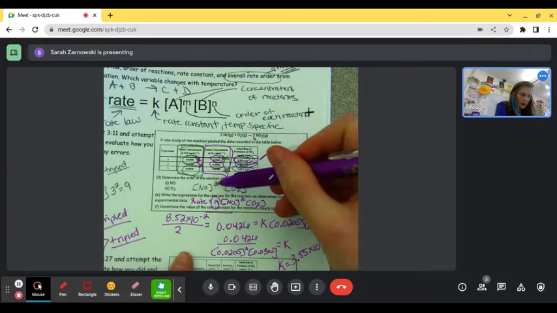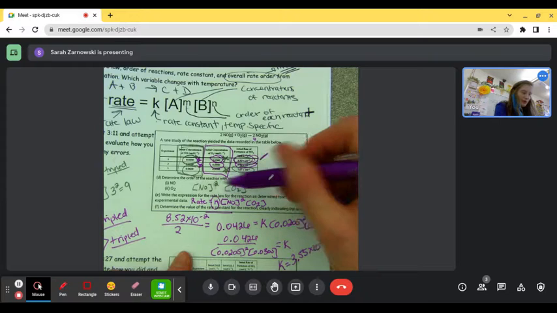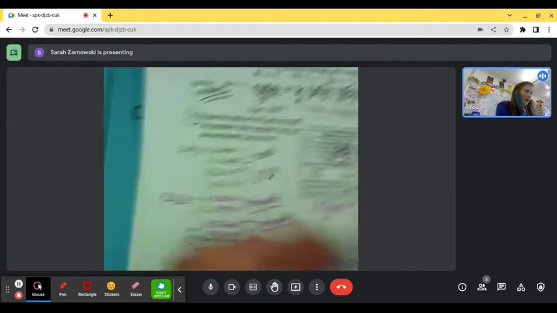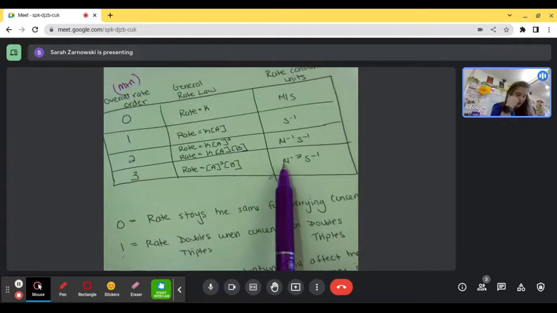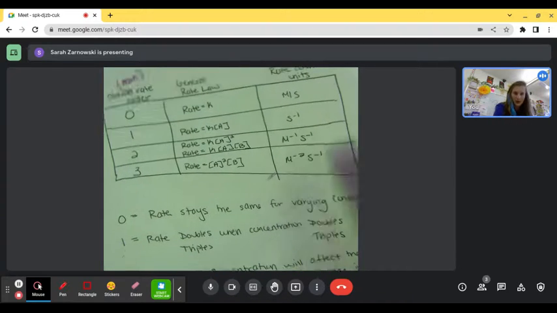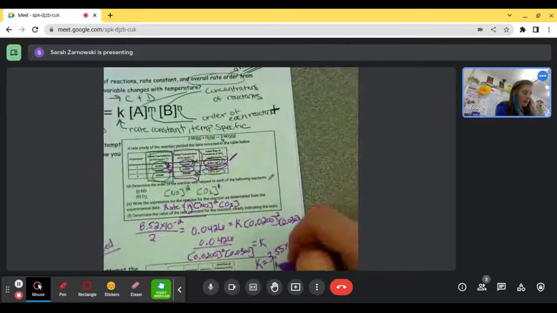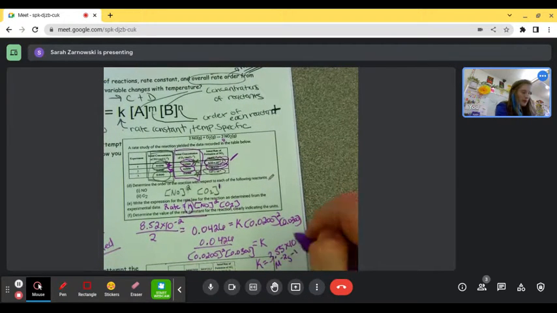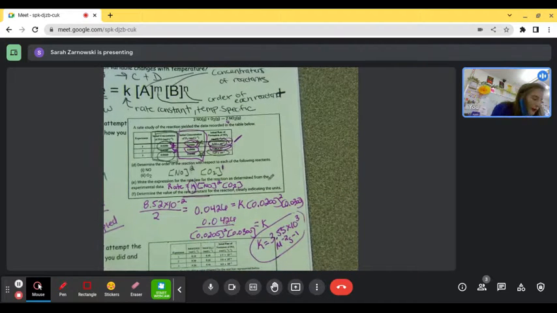My m and n. m plus n. 2 plus 1 is overall 3. So if I go down to my third order, that means my units are M to the minus 2, s to the minus 1. So for my units, I'm going to put M to the minus 2, s to the minus 1, and I just solved for k. Okay, so that is how you do that.